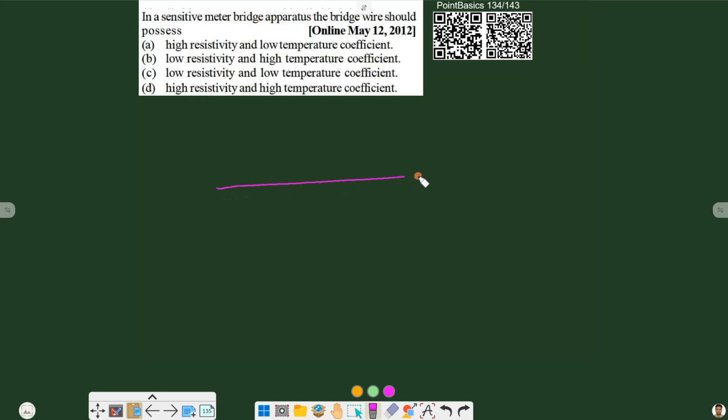Suppose this is the wire of a meter bridge. When some current is flowing through it, what will happen? Due to the flow of current, heat will be generated, and due to heat, there will be thermal expansion, which we have already studied in class 11th. And which type of thermal expansion?